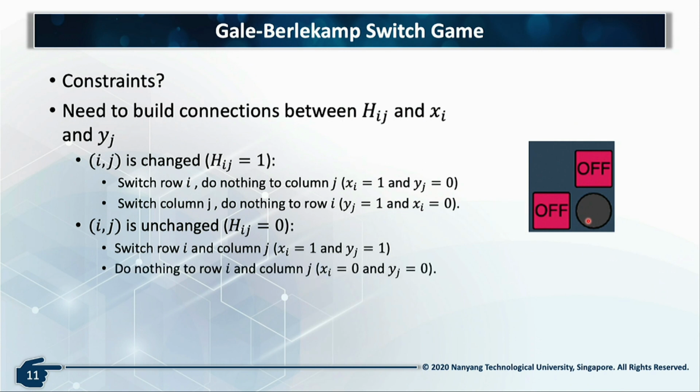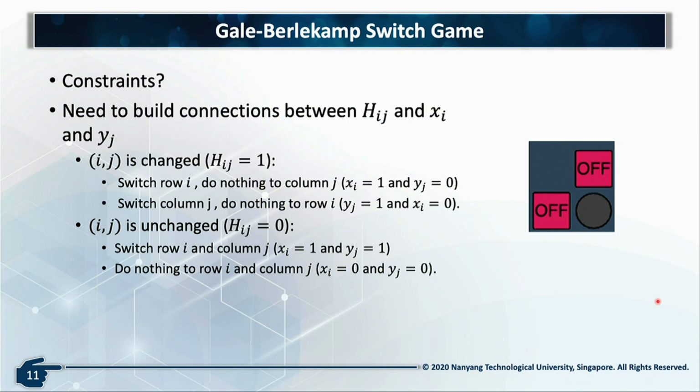Alternatively, if you do nothing to row I and column j, again, the light status will remain unchanged in the end. Okay? So to summarize all those findings, we can see as long as you take the same action for the row and the column, then the corresponding cell, which is the intersection point of this row and this column, will remain unchanged. But if you take different action, you switch one row and do nothing for the column, it will change the status of the light.